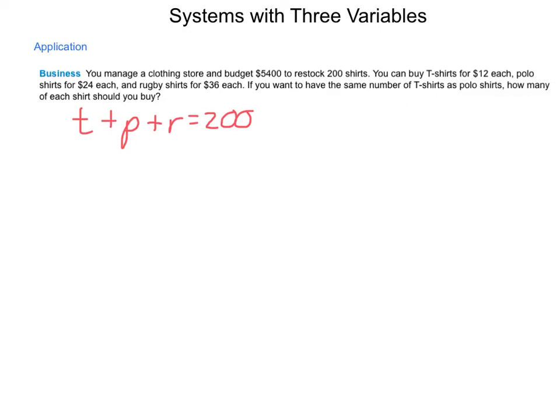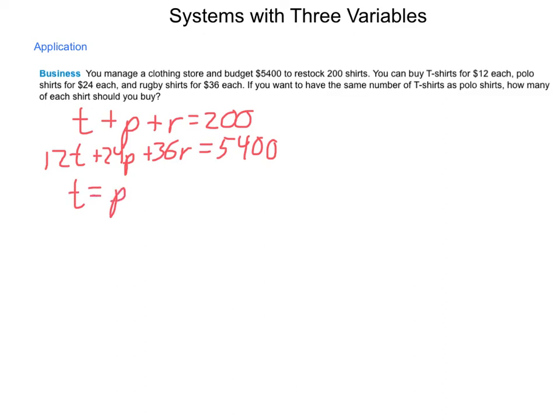Then if we go off of cost, 12T, because it's $12 per shirt, plus 24P plus 36R equals 5,400. And then the last piece, we have to have the same number of t-shirts as polo shirts, so T equals P becomes our last equation.